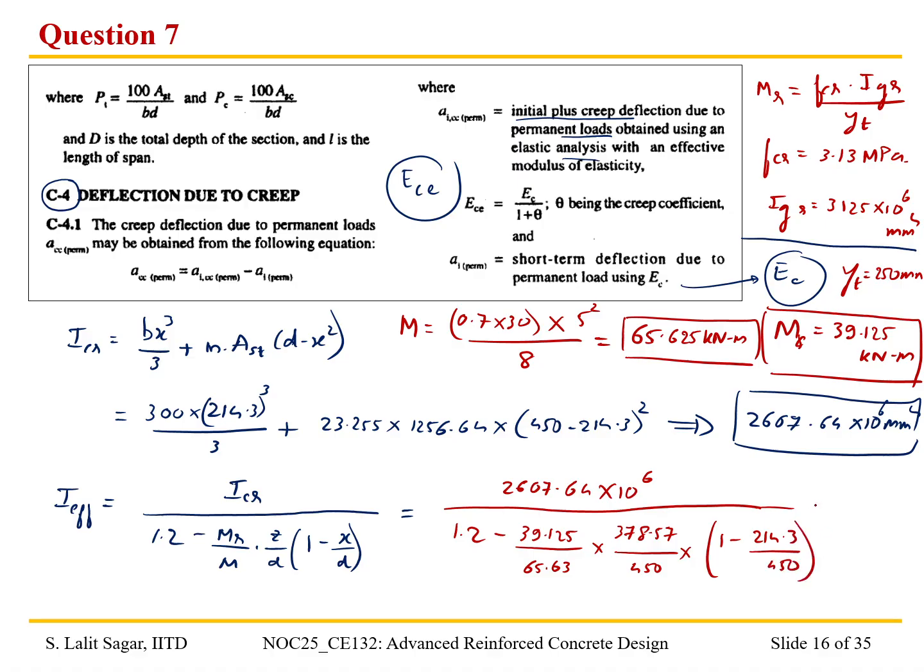So I effective is equal to 27.82 multiplied by 10 to the power 8 millimeter power 4. Okay, so this is the correct answer, 27.82 into 10 to the power 8.